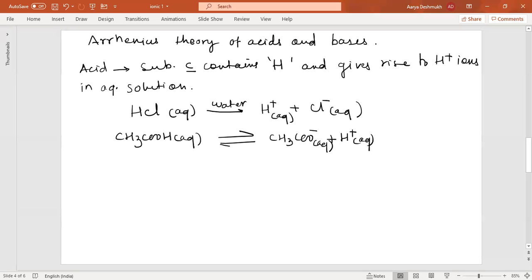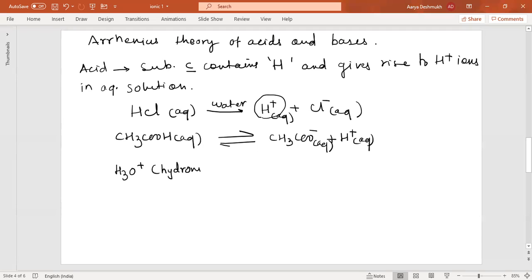Now H plus ions in water hydrate in aqueous solution, and this is represented as H3O plus, that is the hydronium ion.